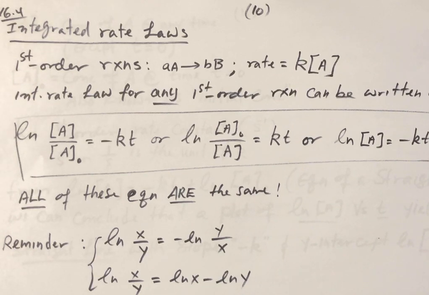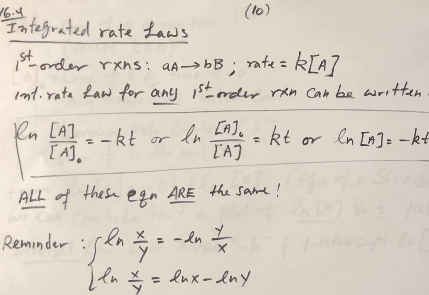Now, for a first order reaction, the rate law can be written as rate equal to k, which is the rate constant, times the concentration of the reactant A. But remember that A refers to the molarity, or the moles per liter, of A in that equation.